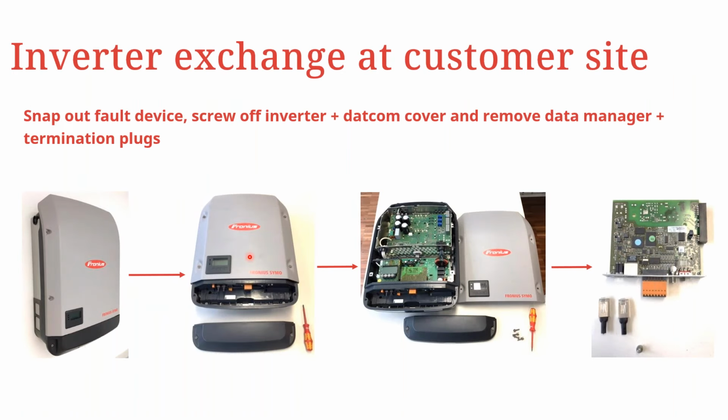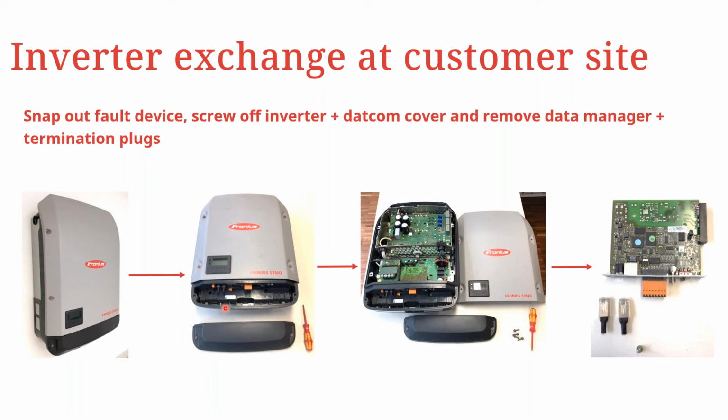Now, let's have a quick look at the component exchange process, or it could even go as far as the replacement of the inverter. But I'm glad to say that whole inverter exchanges are at the very, very minimum, meaning that you hardly have any cases where the whole inverter would need to be exchanged.